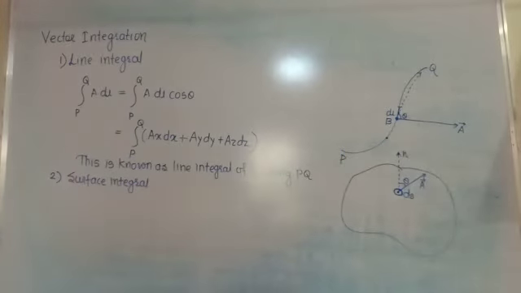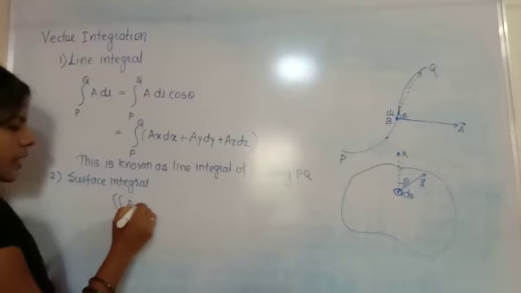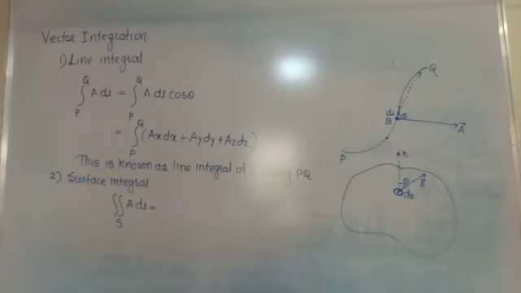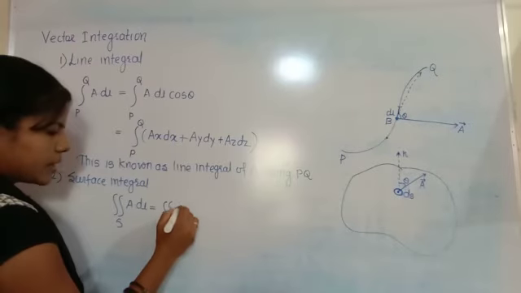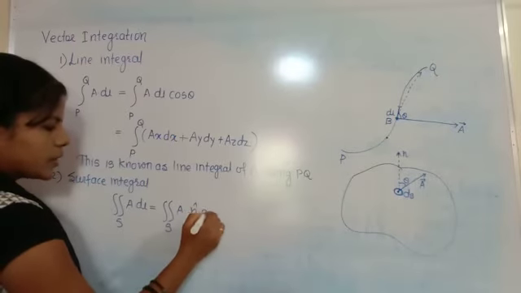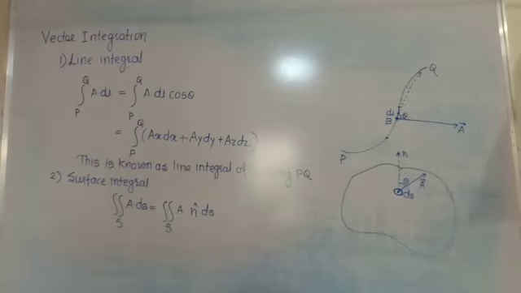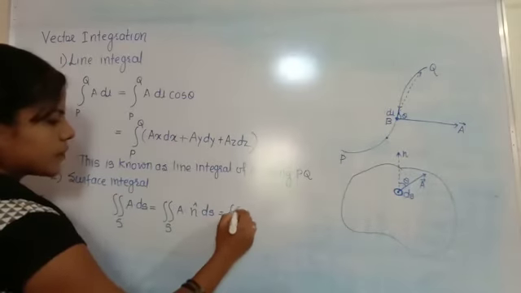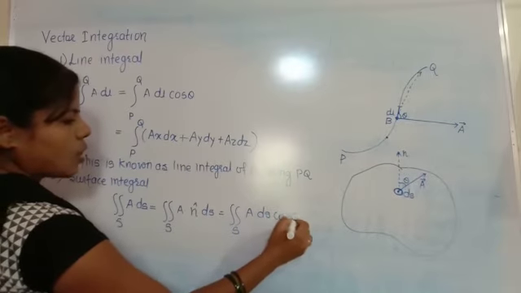Then the integral over the surface, the surface integral, is written with two integration signs. The surface integral of A dot ds, according to the vector dot product, can be written as the surface integral of A ds cos theta, where n is the unit normal vector along ds.